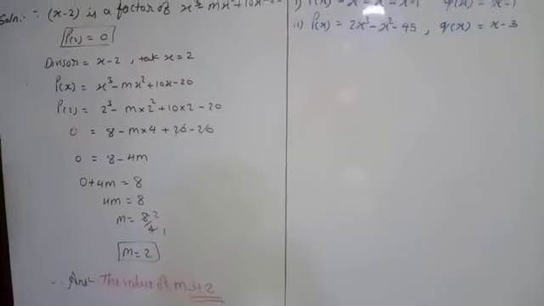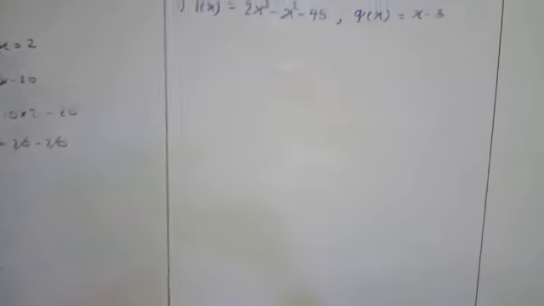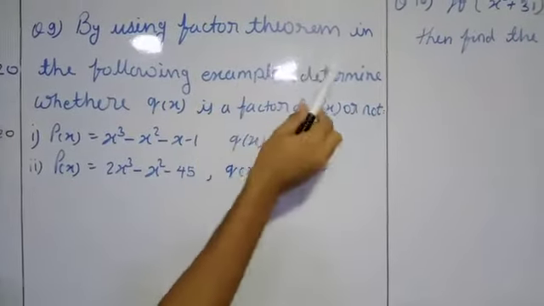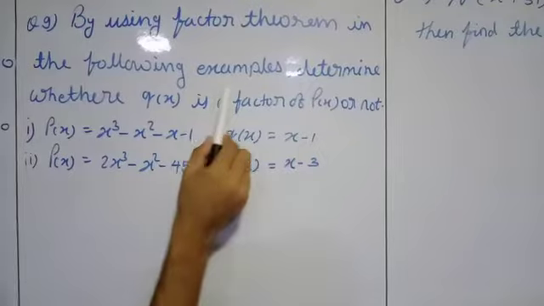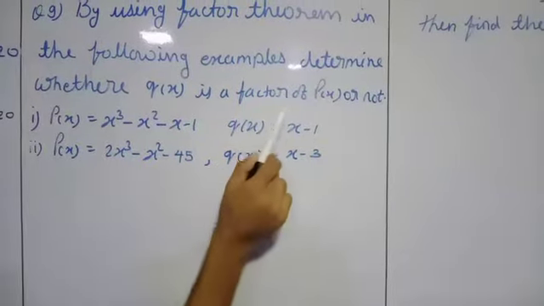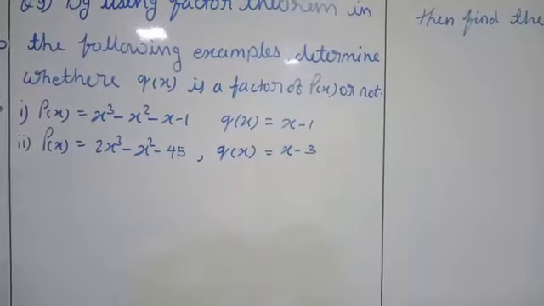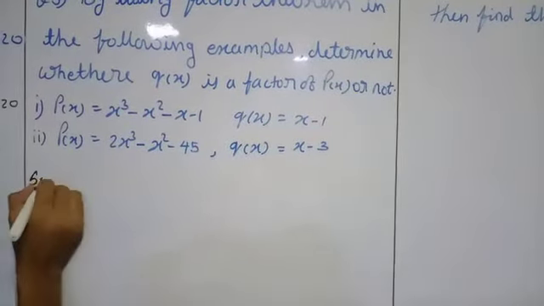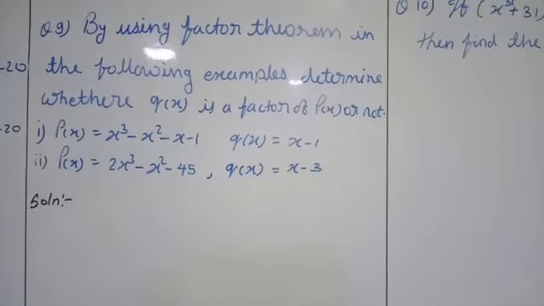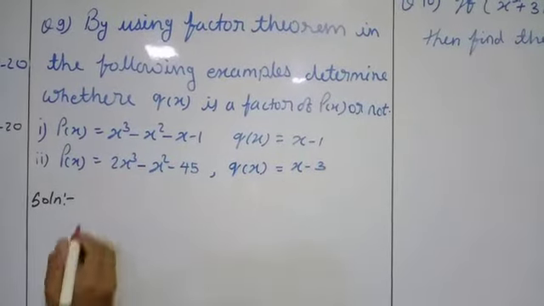Now proceed to question number 9. Question number 9: by using the factor theorem in the following examples, determine whether q(x) is a factor of p(x) or not. So let's start. We are going to decide whether q(x) is a factor of p(x) or not.